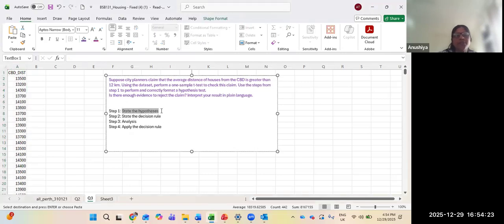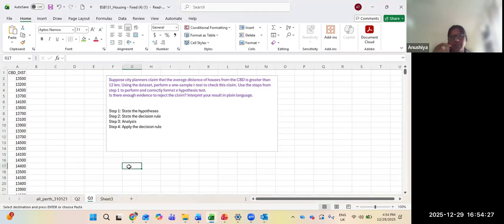So the first step is to state the null and alternative hypothesis. Step 1 is the null hypothesis and the alternative hypothesis. If you look at the question, you can easily find the alternative hypothesis.